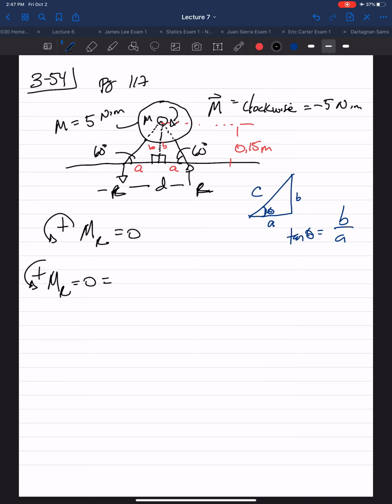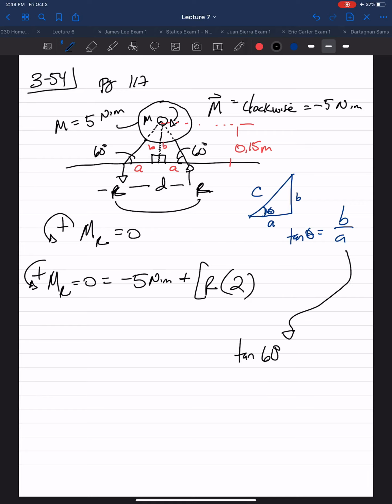And we were given negative 5 Newton meters, because it's clockwise, plus our couple moment caused by R times D. So let's work it out. I'll bring this down here so you can see it clearly.